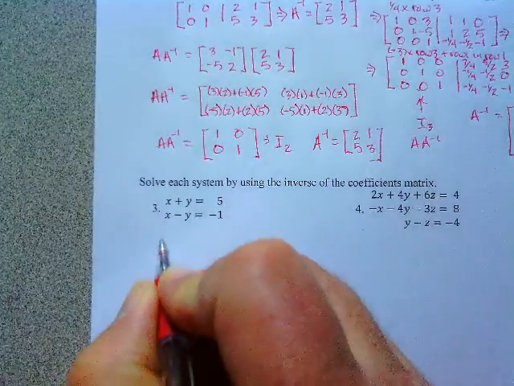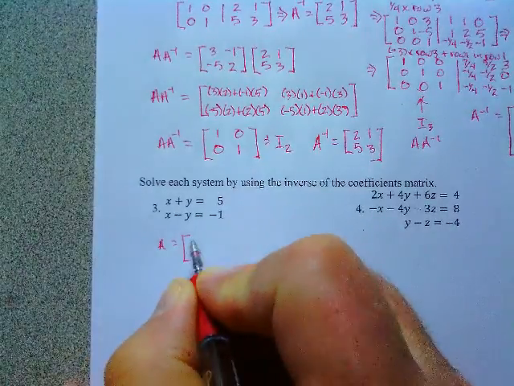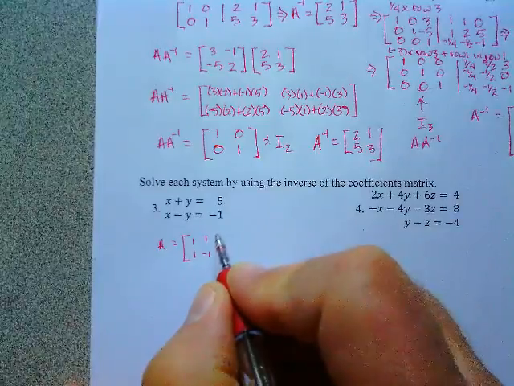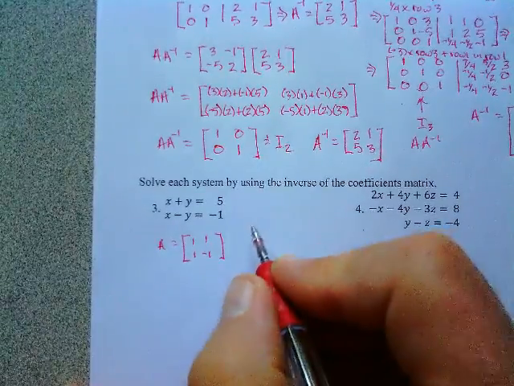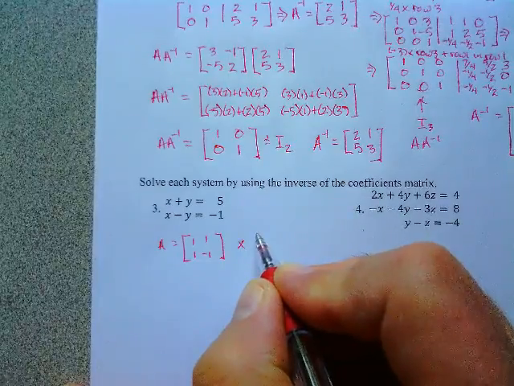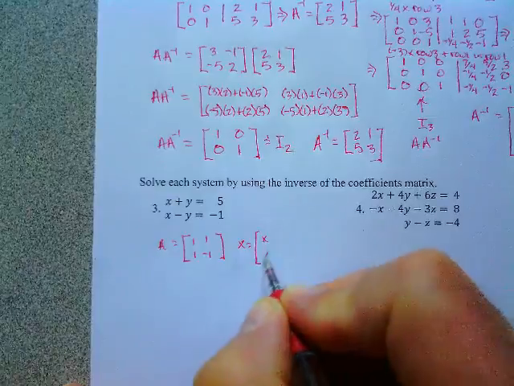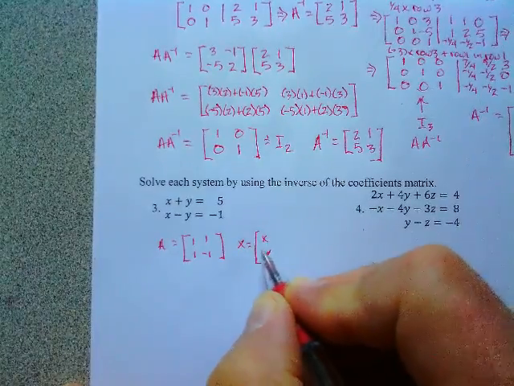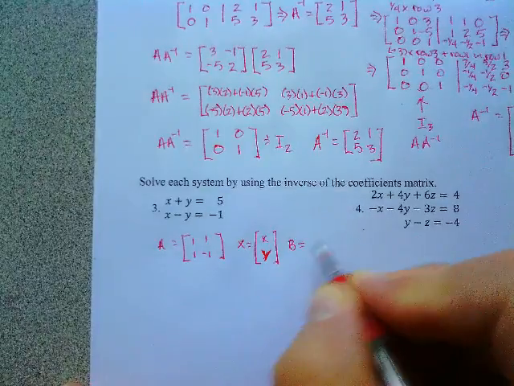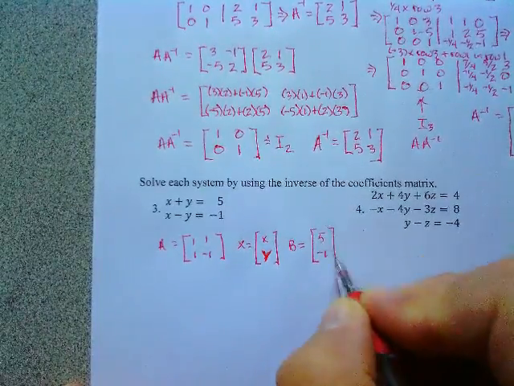So our A would be 1, 1, 1, negative 1. Our X part would be X and Y. And our B would be 5, negative 1.